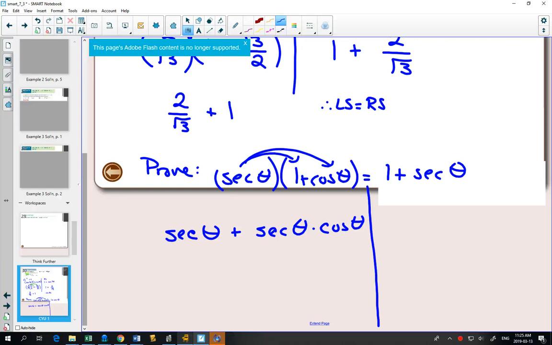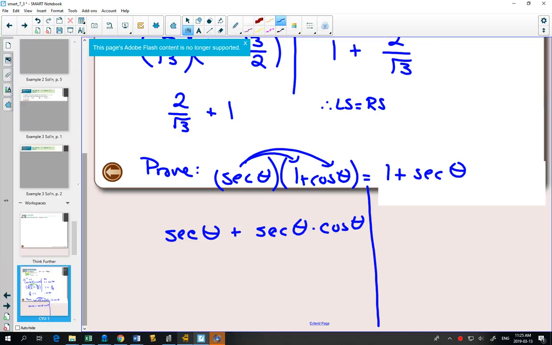At this point, one of the main strategies we've used so far is changing everything to sine and cos. So I could change all of the secants to 1 over cos. But in this case, I know that I can also change cos to 1 over secant.